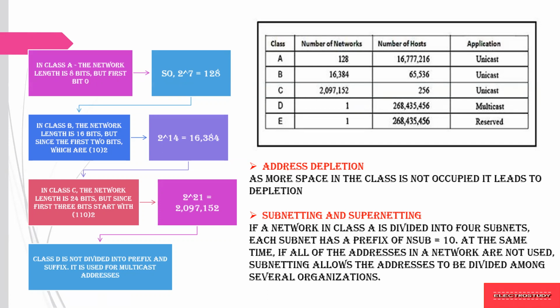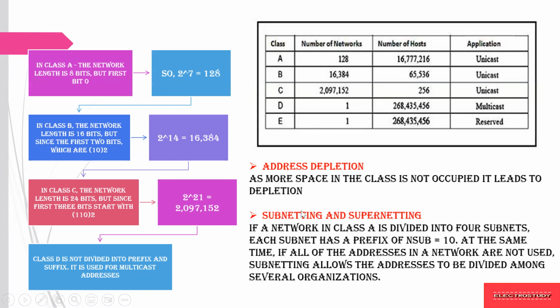Because of this address depletion, classful addressing was found to be insufficient, and we moved into classless addressing. To improve that, we were using subnetting and supernetting. These two strategies were formed to reduce address depletion.